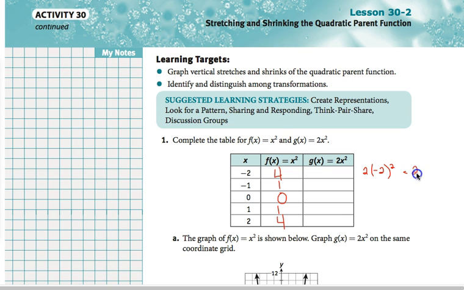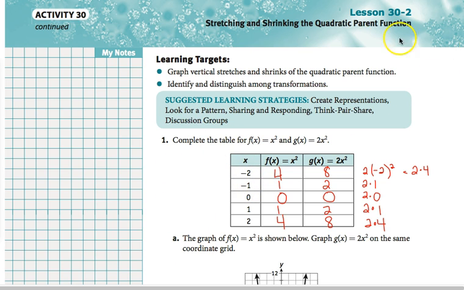So we're taking 2 and multiplying it by 4 in this case, and that's going to give us 8. Down here, the x squared is 1, so we're going to take 2 times 1, which is 2. Then 2 times 0, which is 0, and 2 times 1, which is 2, and 2 times 4 again, which is still 8. So these are our values here.